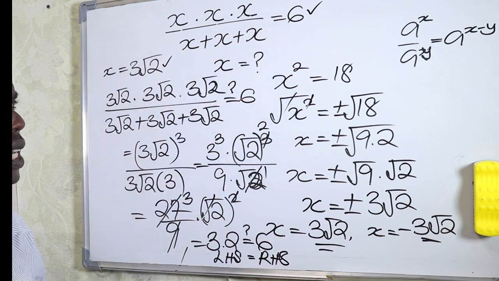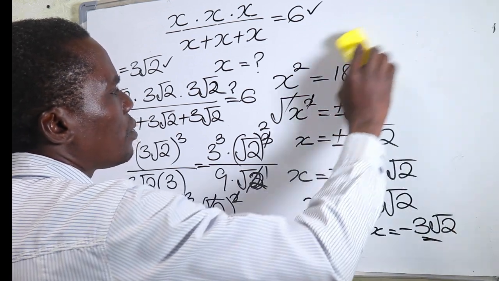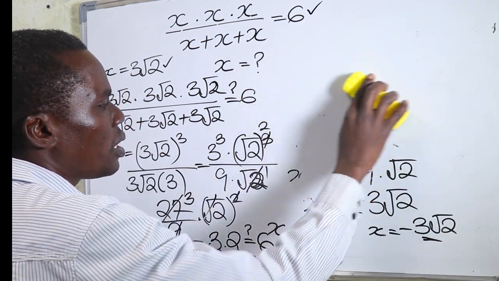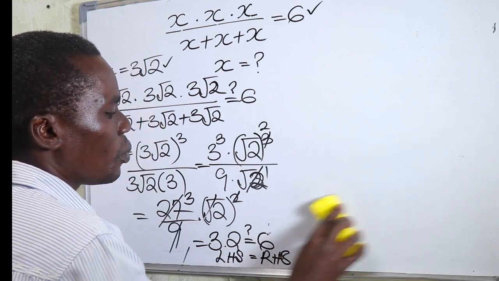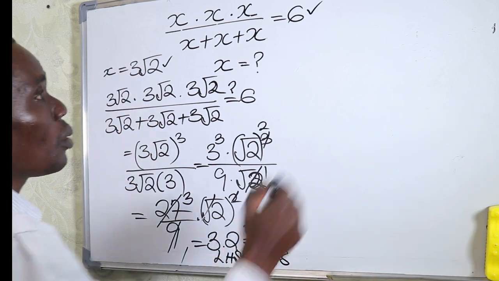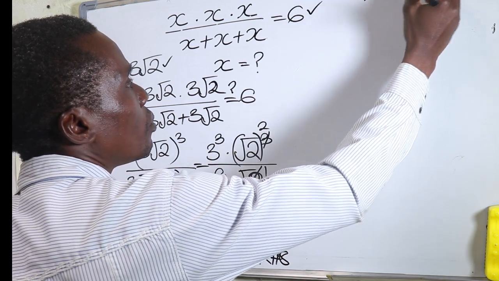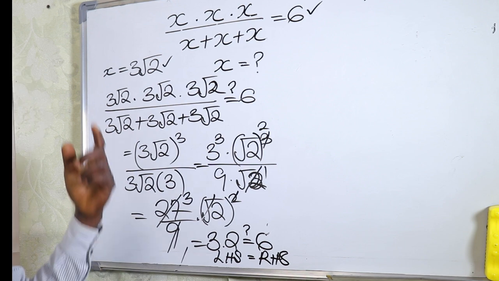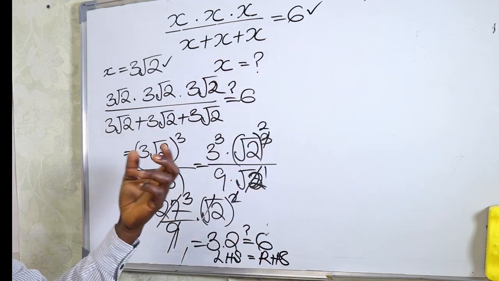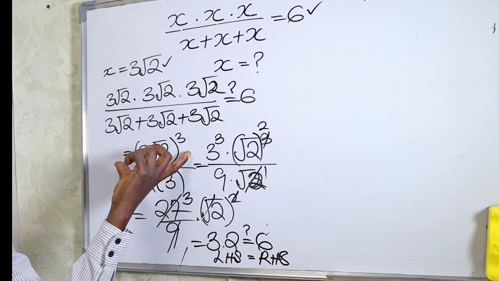Now let's look at negative 3 root 2. Can it equally give us that solution? Let's try it out. With x equal to negative 3 multiplied by root 2, can we have that solution? Let's try it out. We're going to pick it from this point.